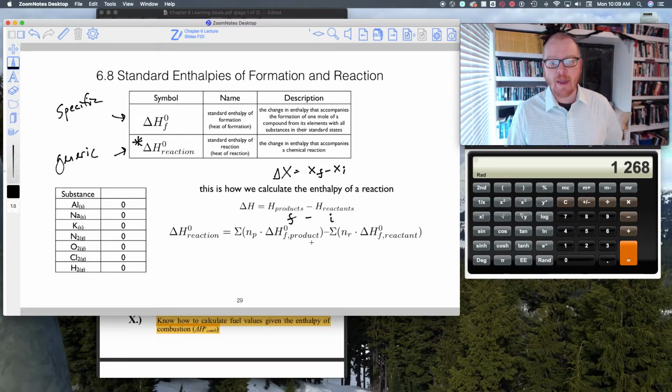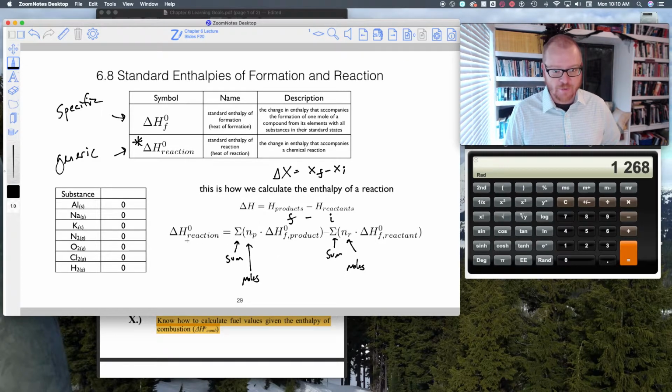Now I expanded this equation, and I know this looks scary, but it's not at all. So let's walk through this. That's the sum, sigma, of the number of moles of product or the number of moles of reactant, multiplied by the specific delta H of formation of an individual product.